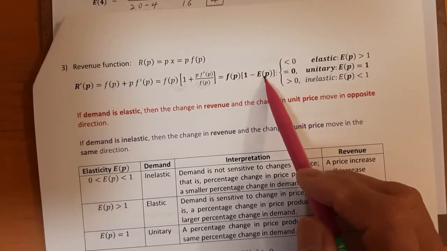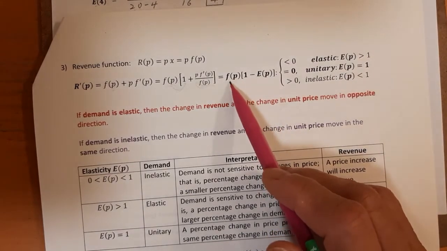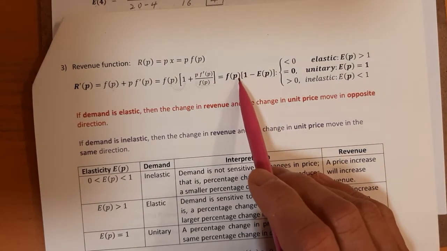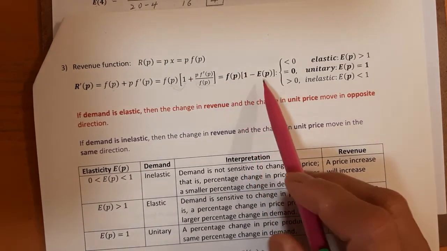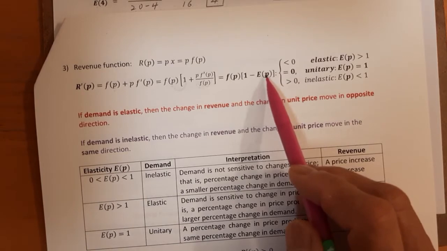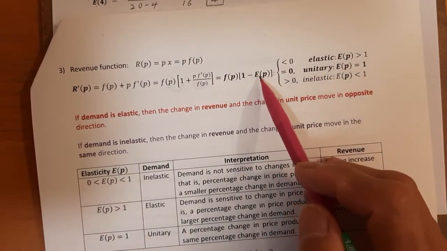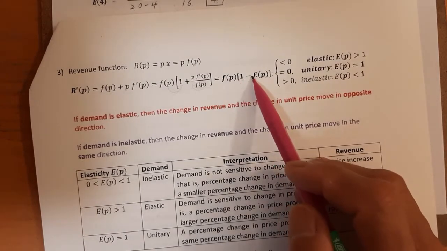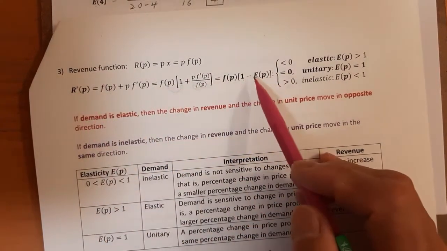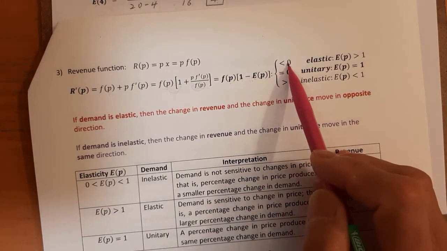And F of p is how many units, how many items of demand, so always positive. And here, if E of p is greater than 1, then 1 minus a number greater than 1 is negative. Negative times positive becomes negative, which is less than 0.